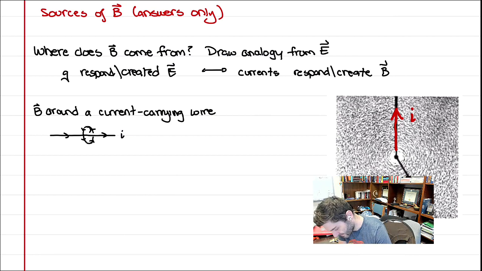And we would find that, I'll do it in blue, for this particular drawing, the magnetic field is oriented this way. And then the magnetic field out here also is a loop and is oriented that way.